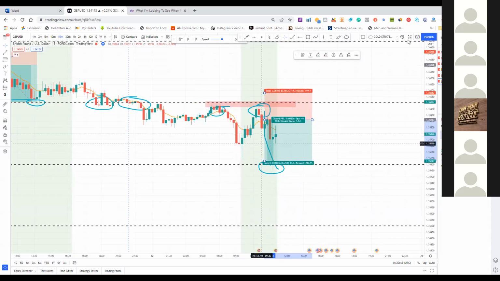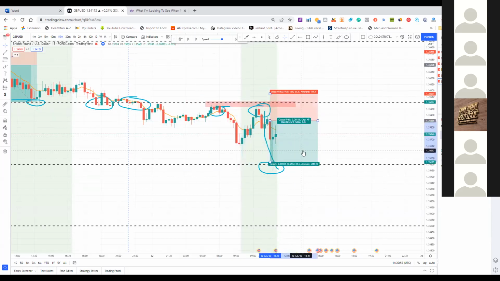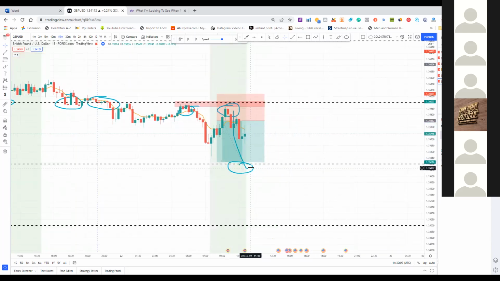Immediately this candle prints here, this one, you get out, because that is a sign that price was going to pull back up. So you get out and then you wait for it again. But these are very tiny bits of trade that you see. If you train your eyes, you'll be able to keep them in between the key levels that I'm showing you. So that was a trade that happened that day on Tuesday, and it was classic.